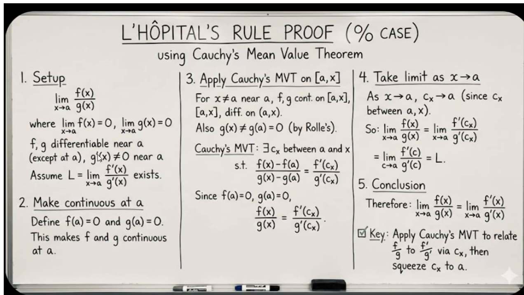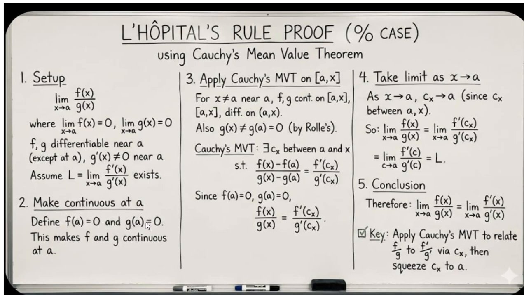Because the limit of f of x as x tends to a is equal to 0 and f of a is equal to 0, the functions are continuous at a. Keep this in mind. Once you put 0 by 0 form, whenever x is equal to a, you get f of a equal to 0, and this is also given.